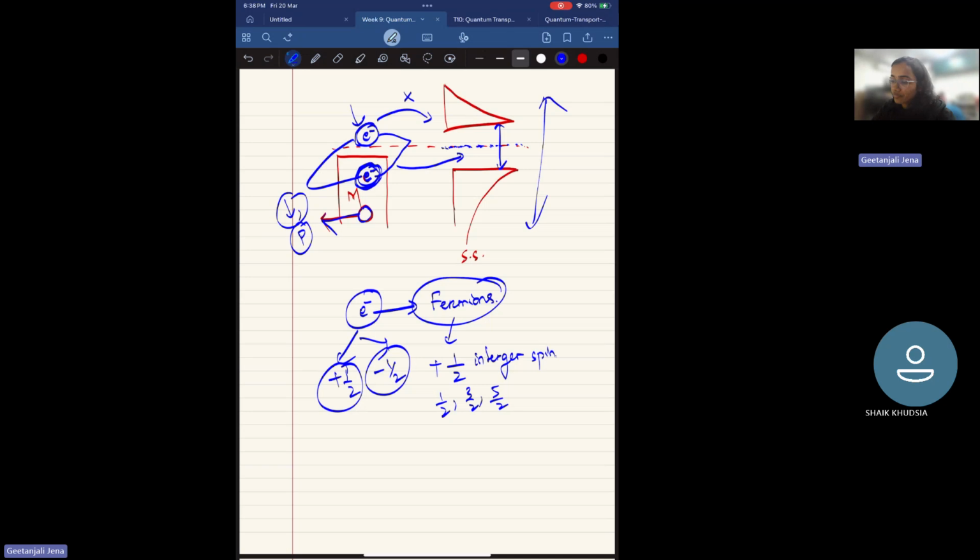Let's say this electron has plus half, then the other electron should have minus half to form the Cooper pair. And momentum doesn't have any particular value, but it should be opposite.